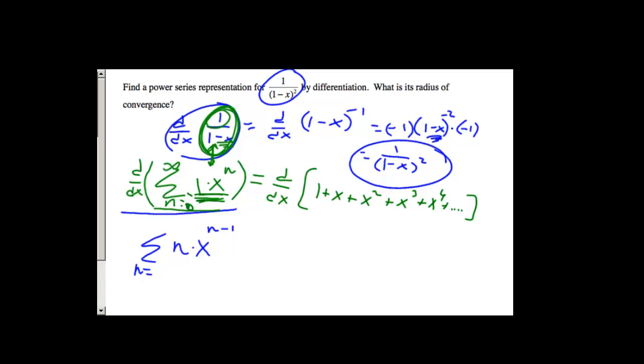The derivative of that is going to be 1 plus 2x plus 3x squared plus 4x cubed plus dot, dot, dot. So our first term needs to be 1. Well, how do we get our first term to be 1? This value here must be 1.